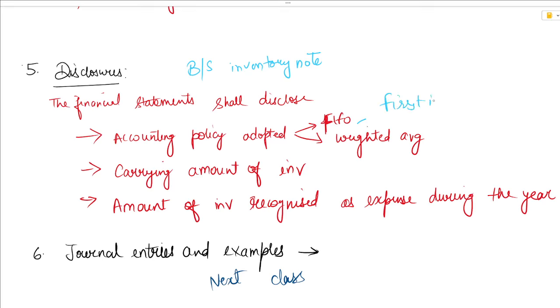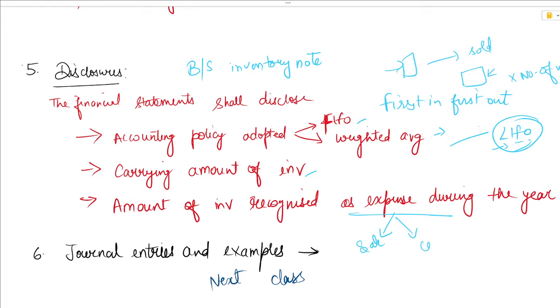You will also disclose the carrying amount of inventory and the amount of inventory recognized as an expense during the year. It can be due to the reason of sale, or your cost is more than your NRV. We will study the journal entries and example in the next class.